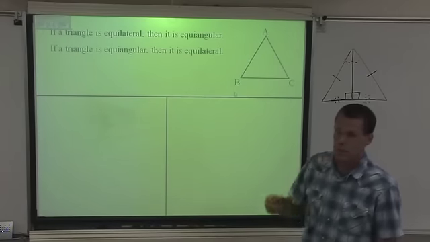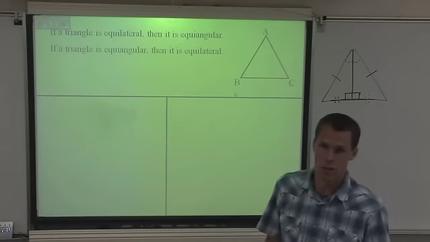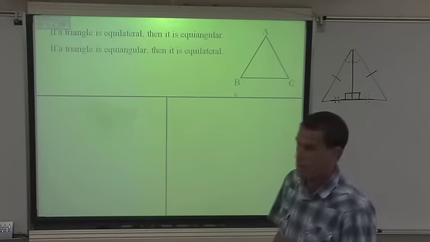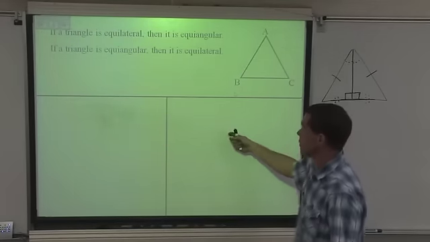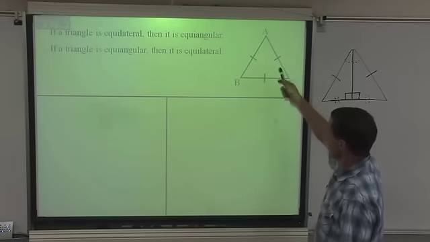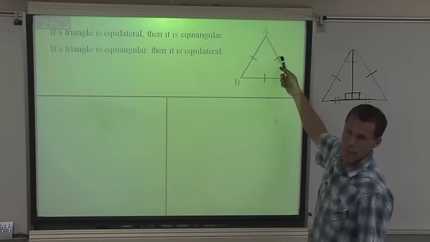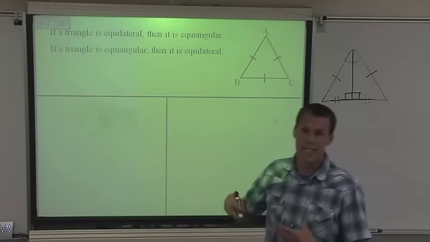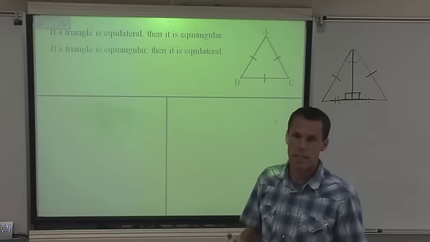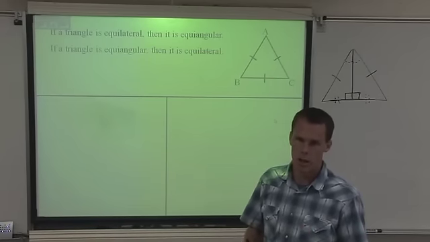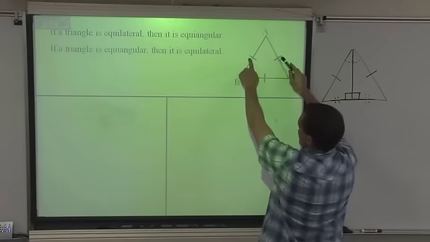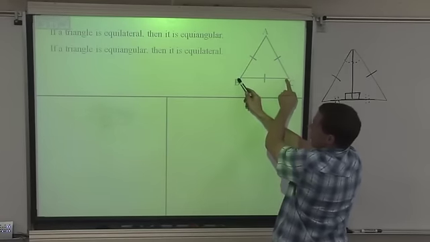One extension is, this now means that if the triangle is equilateral, meaning all three sides are congruent, then it has to be equiangular. Because if all three sides are the same, then according to the isosceles triangle theorem, the angles across from congruent sides are congruent. So because these two sides are congruent, I would say these two angles are congruent.